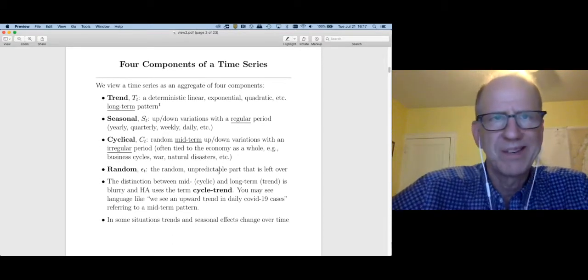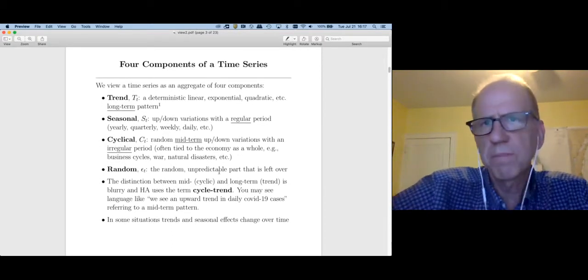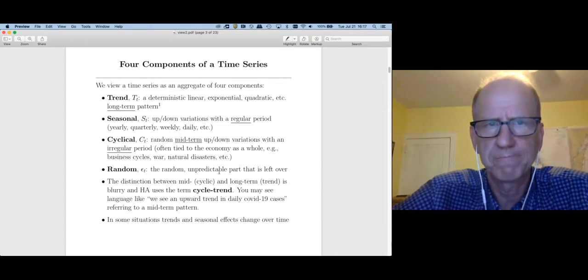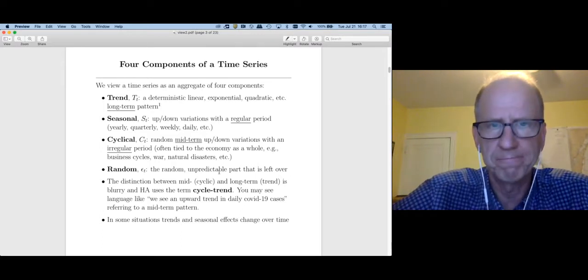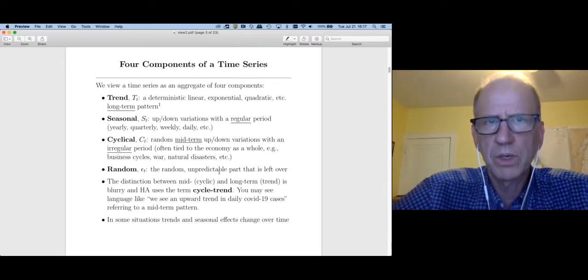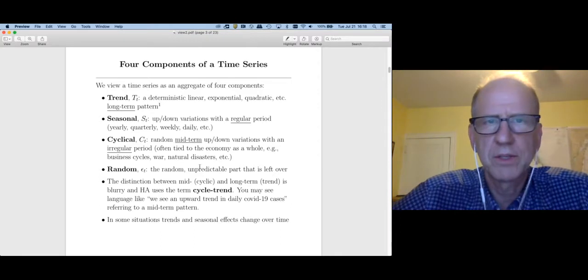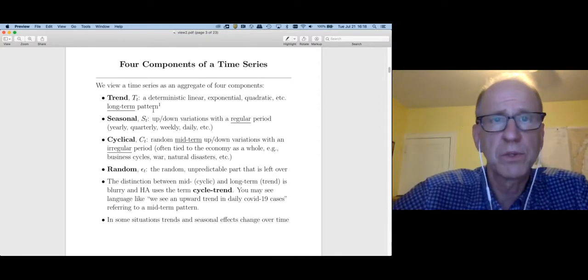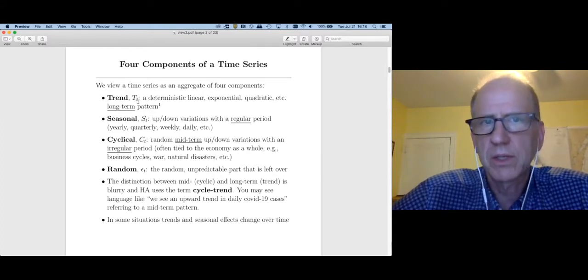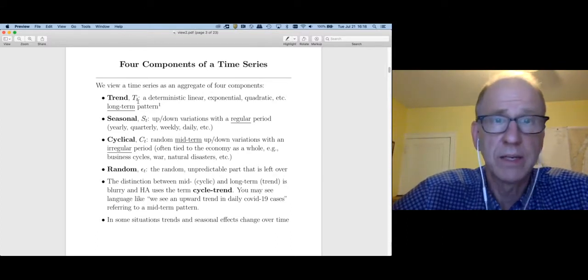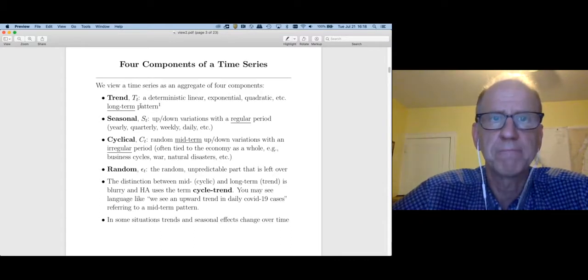There are 4 components of a time series. The 4 components are trend, seasonal, cyclical, and random. So we're going to call, this is slightly confusing, but it's pretty universal, big T sub little t is going to tell me what the trend is at time t.